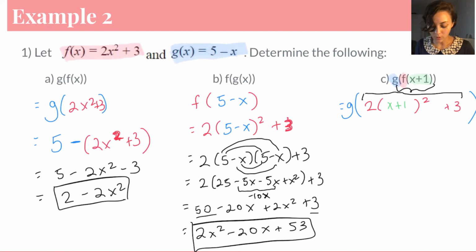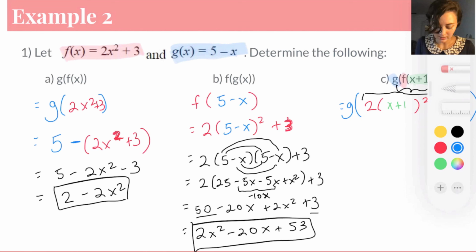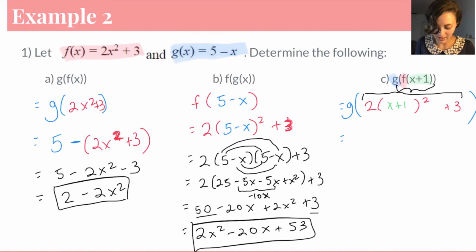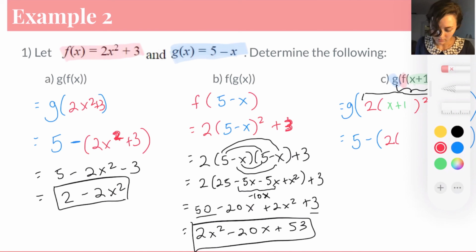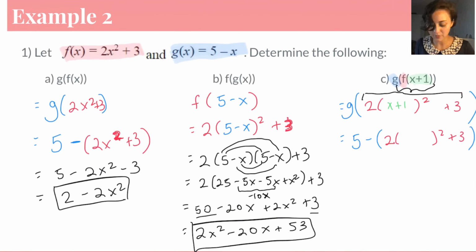Now, what is inside the argument of g, I'm going to put into my function g. So my function g is 5 minus x. But instead of x, I'm going to put everything that's inside the argument. So I have my 2 times x plus 1 squared plus 3.